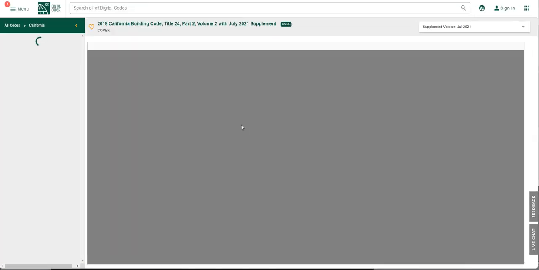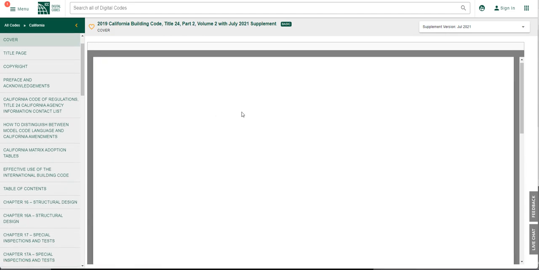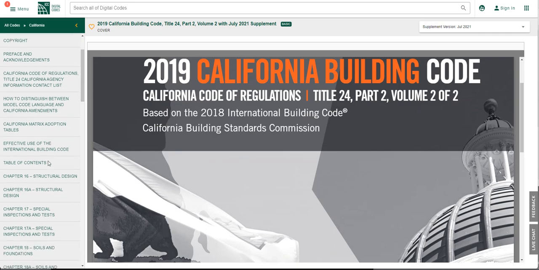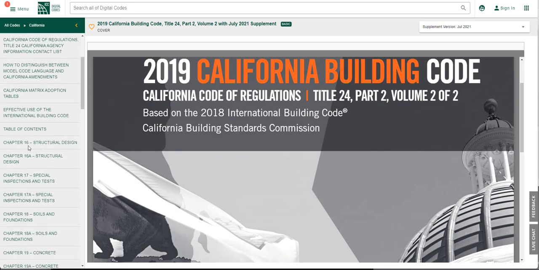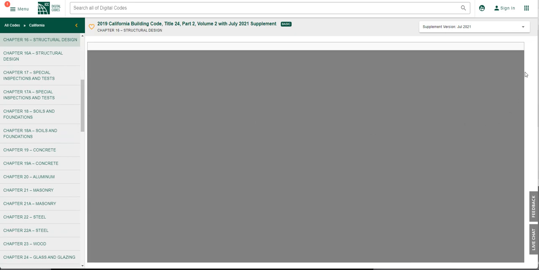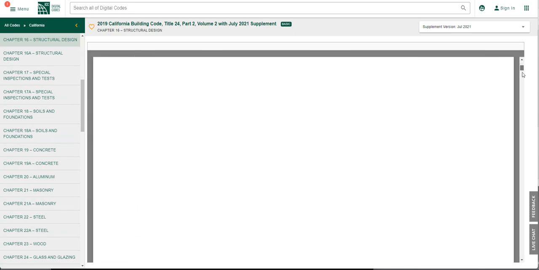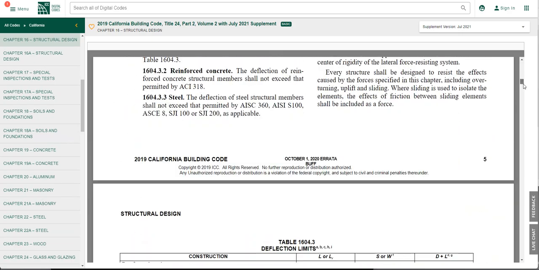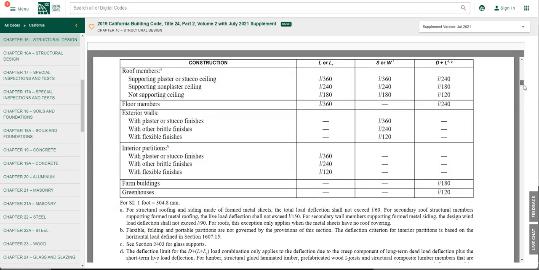So the volume two says here volume two of two, and here is the table of contents. And the first one says here structural design. You can see here this one is PDF because this is 2019. So it would give you loads and tables that talk about L over 360.